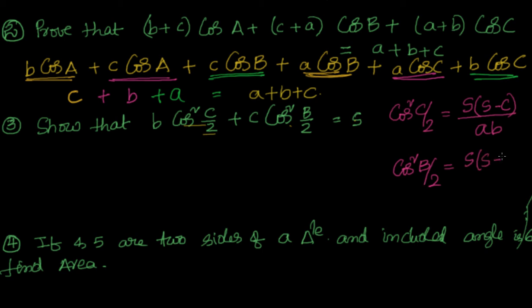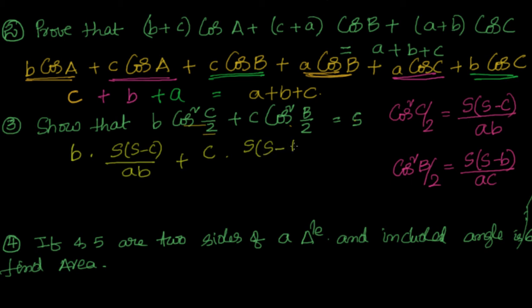So b into cos square c by 2 is s into s minus c divided by ab, plus c into s into s minus b divided by ac. You can see that b cancels here, c cancels here, and the LCM is a.